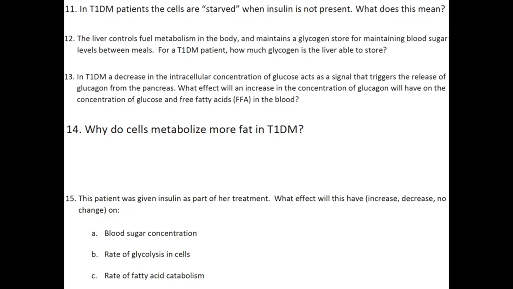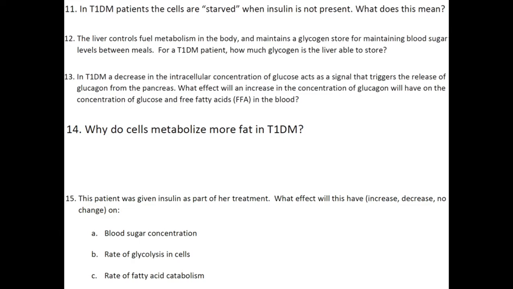So glucagon will tell the liver to release glucose from glycogen, and therefore my glucose level will go up. Those two enzymes have different functions, and they are regulated by the level of glucose in our blood.